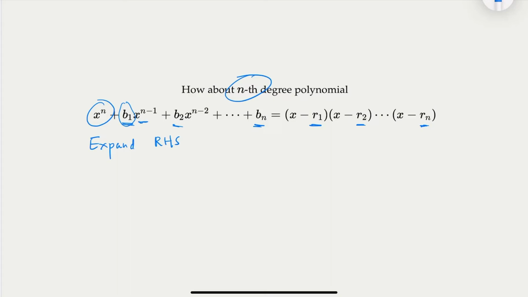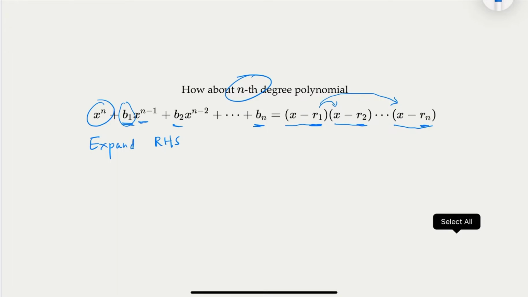For the right hand side, in order to have the n minus 1 degree of x, for each term, because there's always a cross product here, you have to choose n minus 1 x's and one constant term.